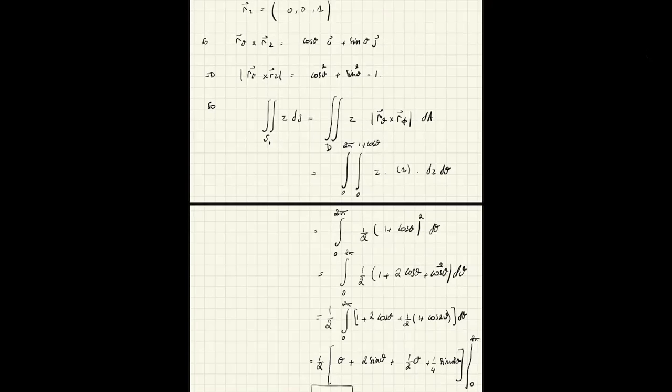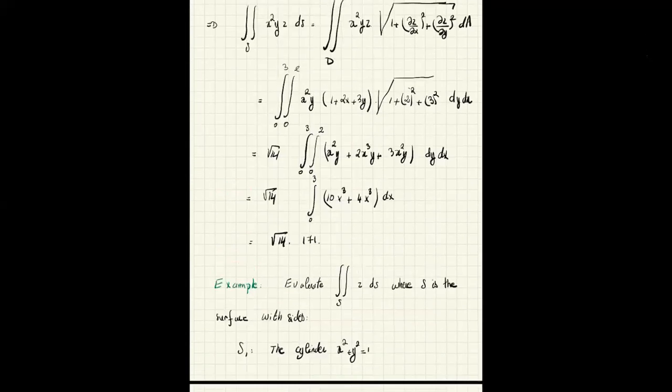You mean here? Sorry, this is a private message, so people are not seeing this. So, the student is asking, why did I multiply this? Well, this is just the definition. Go back to the definition.